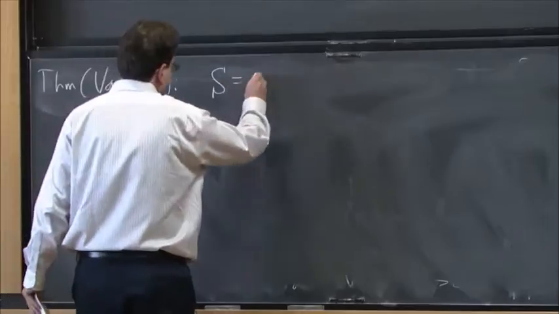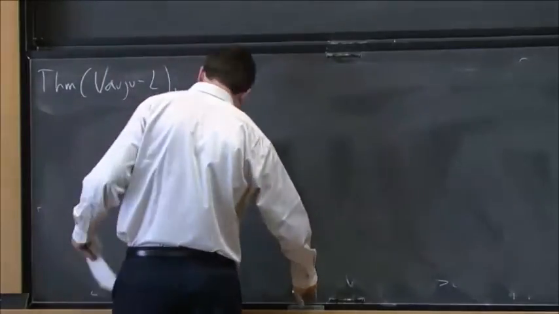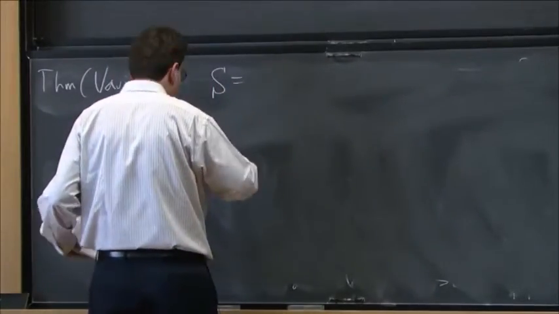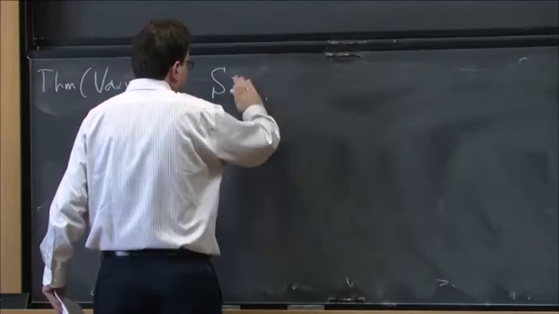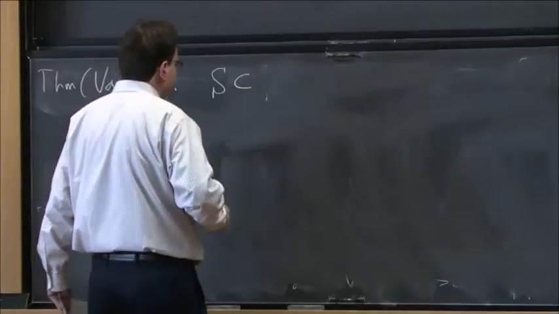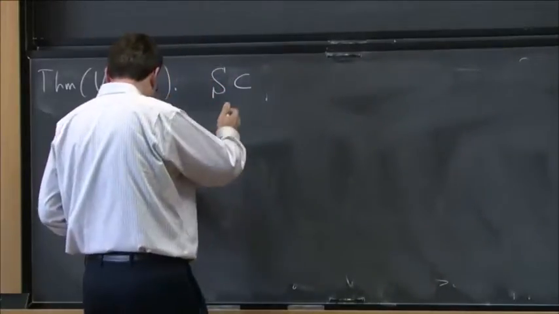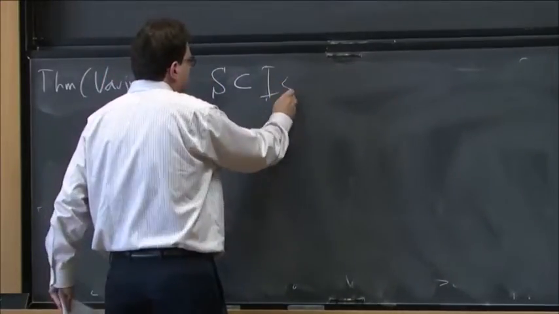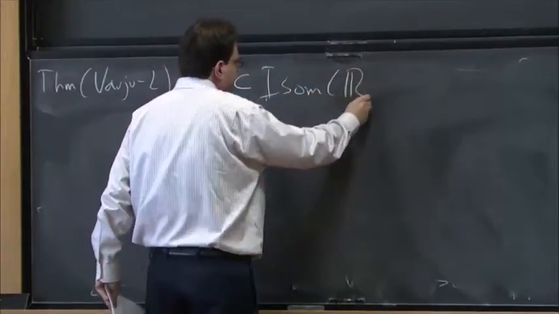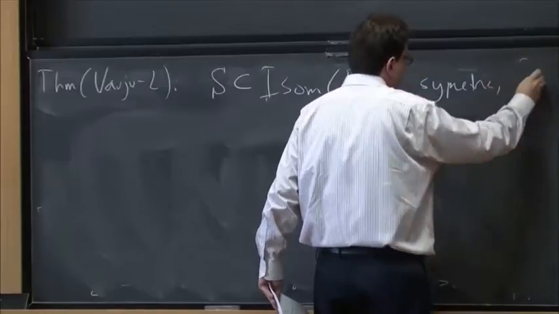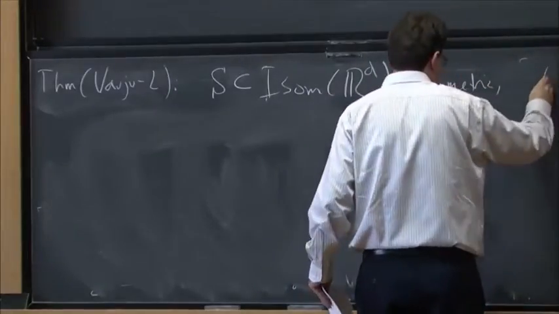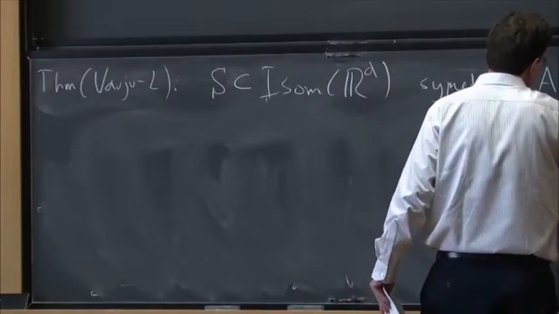So maybe S is... let's say I'll sort of switch notations a bit. S is inside the isometry group of R^D, let's say symmetric, and then I have A_S, somehow the corresponding averaging operator.